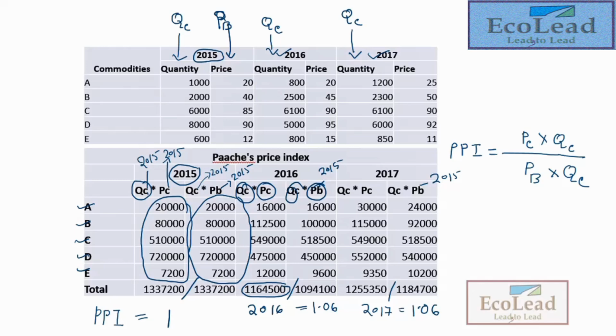Now let us calculate the Fisher's price indices for all these 3 years. To calculate the Fisher's price index, first let us list the values of the last year's and the purchase price indices. The last year's price index that we got for 2015 is 1, because 2015 was our base year.